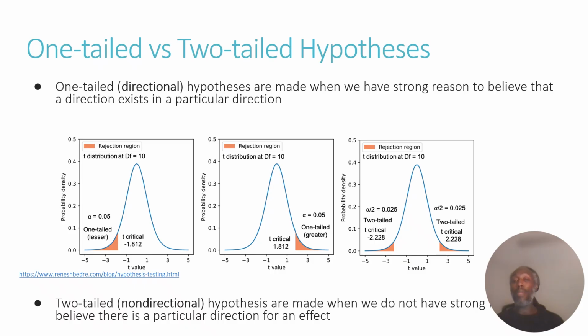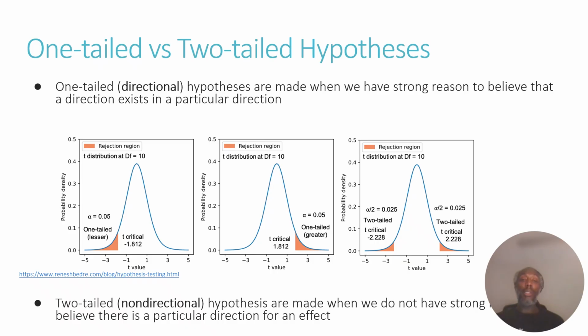If I'm willing to accept that, which is a standard level of alpha in many scientific fields, then that alpha has to get split between both of those sides. So I have 2.5% on one side and 2.5% on the other side.